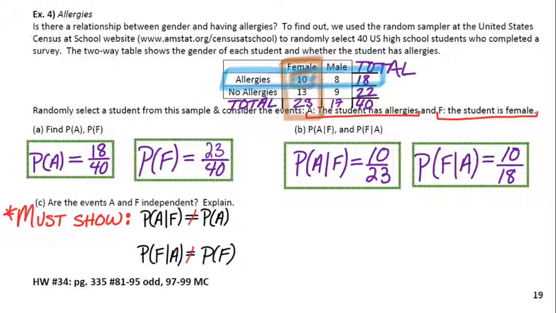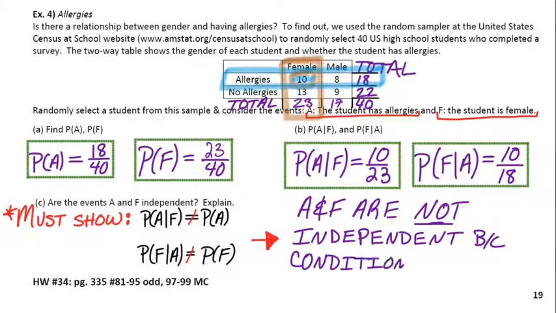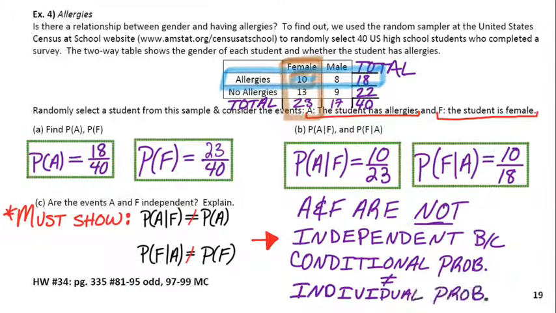So what does that show? Well, that proves that A and F are not independent because their conditional probabilities are not equal to their individual probabilities. If they were, like if these simplified to be equal, then yeah, they totally would be. And if you can't tell that just by looking at the fractions, let's go ahead and provide the decimals for these. Like the probability of A given F, 10 divided by 23, and the probability of A is 18 over 40.